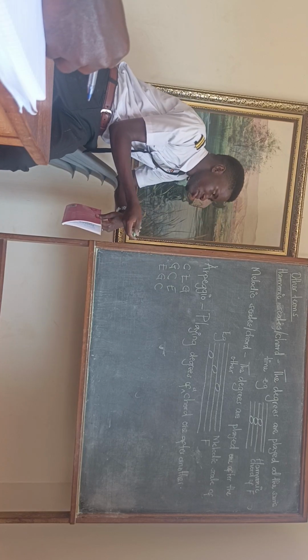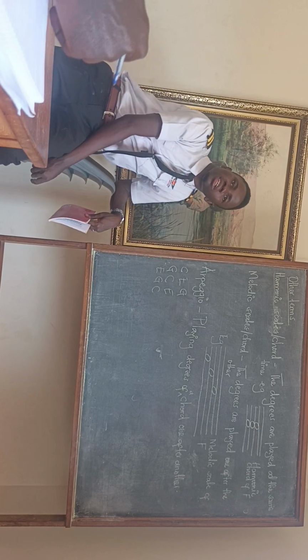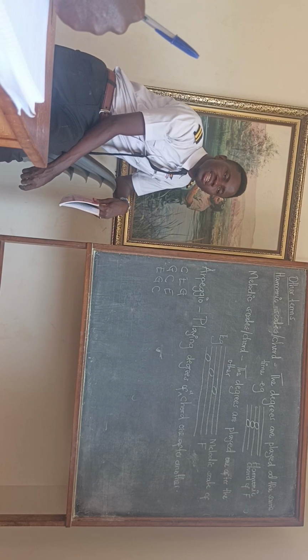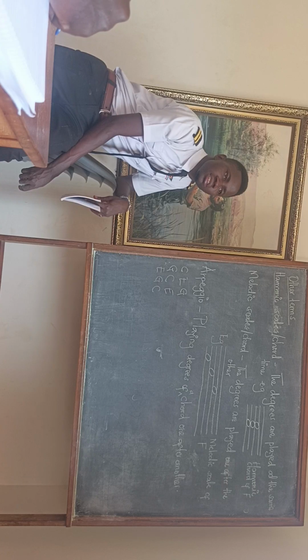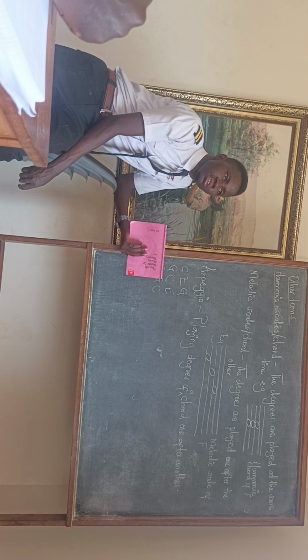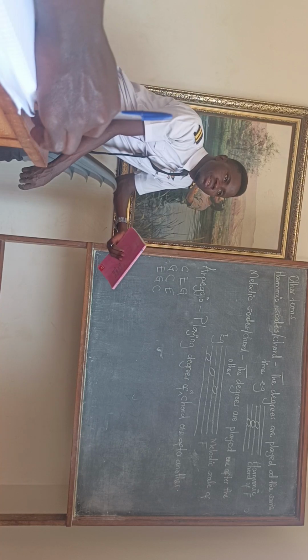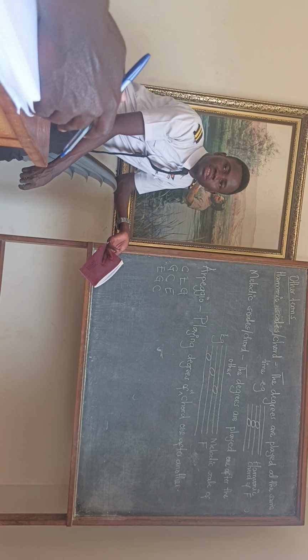But for first inversion we move the first note, we start with the third. So what are you trying to mean now? We have three major chords in a scale: the root, the fourth, and the fifth. Those are major chords in a scale.